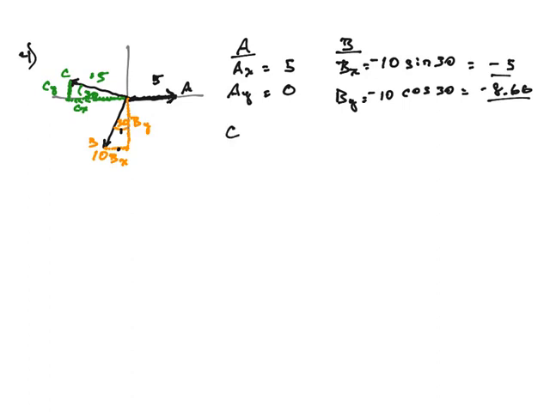And finally, we have vector C. So for vector C, we need an x component. All right, x side of C, that's the side down here. That side is adjacent to the angle. Adjacent goes with cosine. So that's going to be 15 cosine 30.